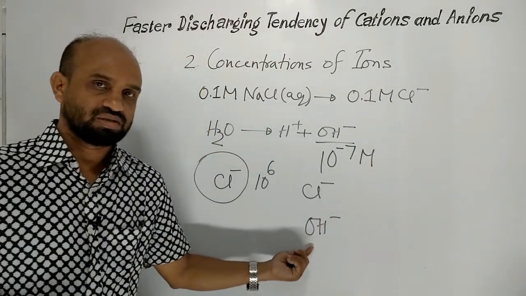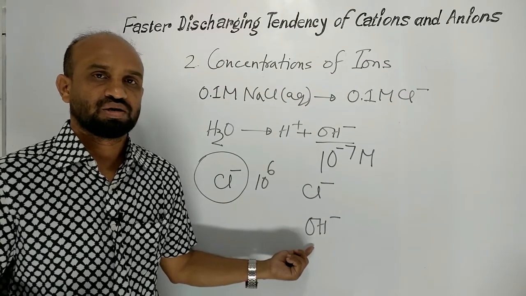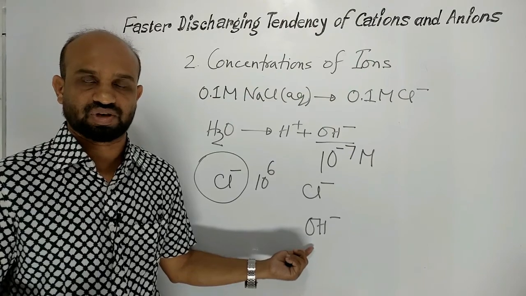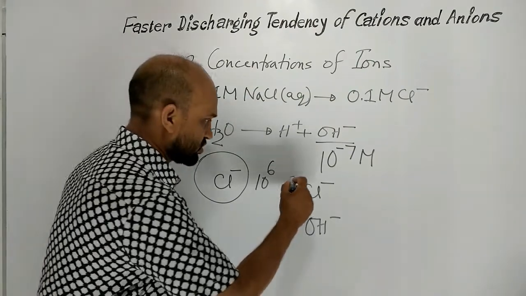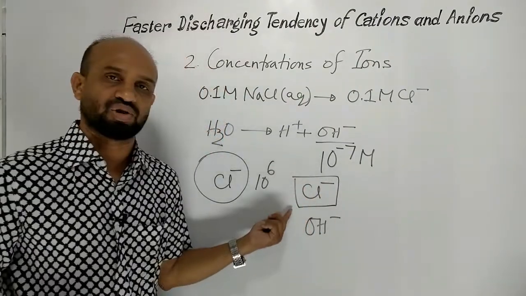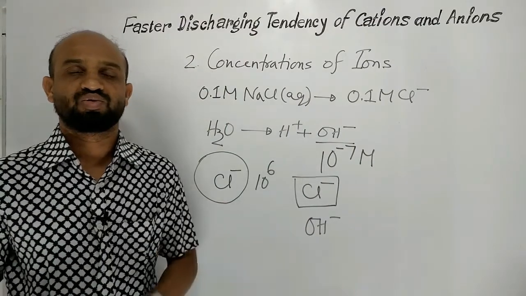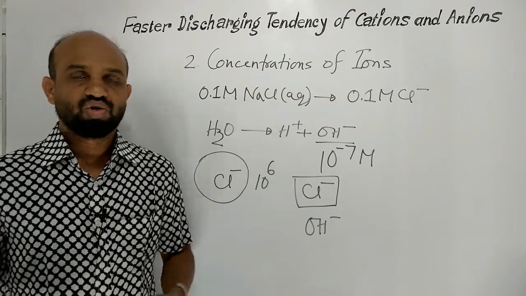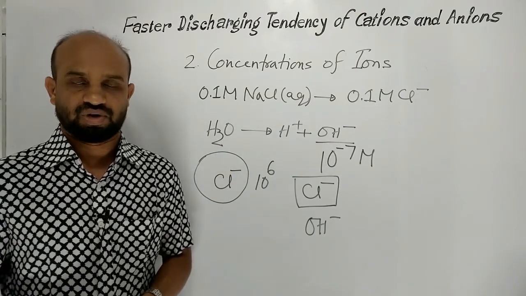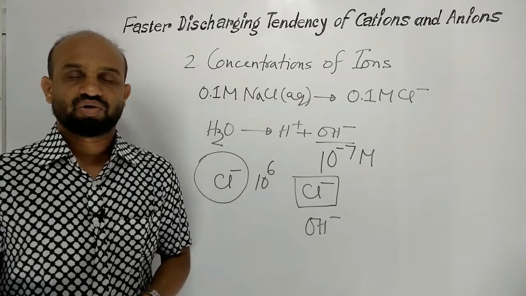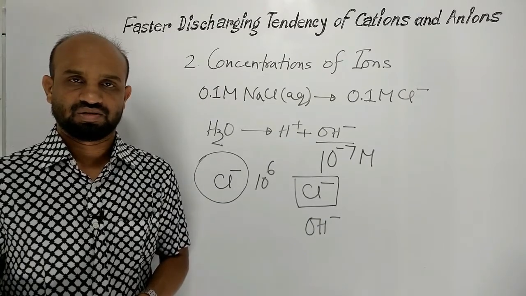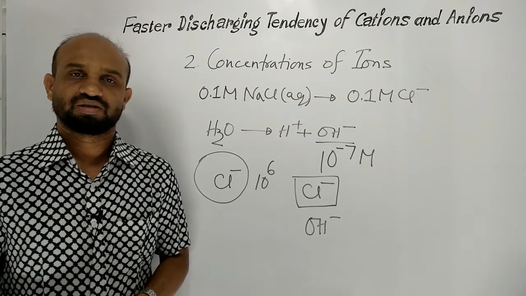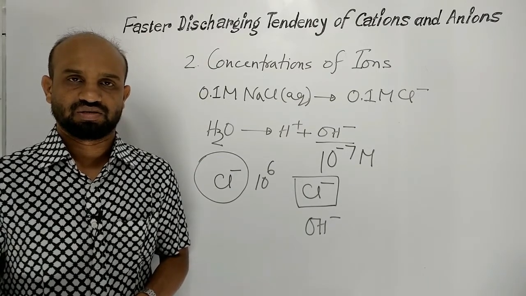So according to the electrochemical series, hydroxide ion is supposed to oxidize first, but because of the higher concentration of chloride ion, it will be oxidized first, then hydroxide ion, ignoring the electrochemical series of anions. This is about concentration of ions. Concentration of ion will be prioritized over electrochemical series.